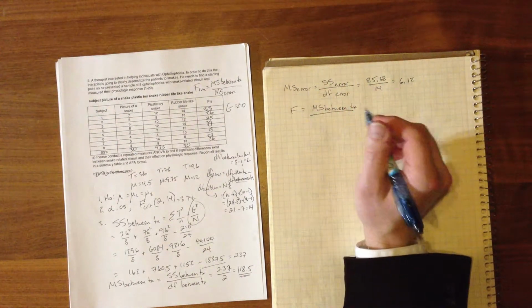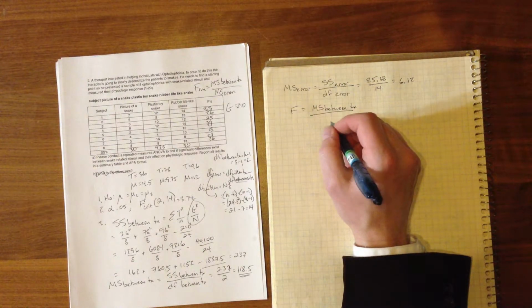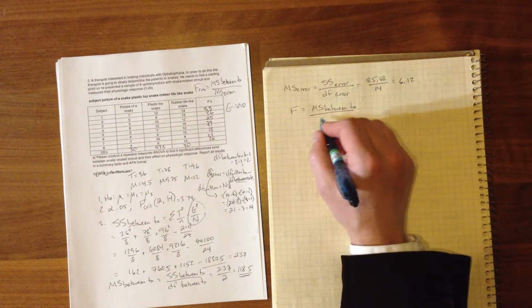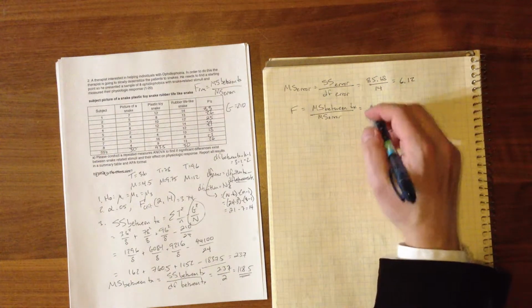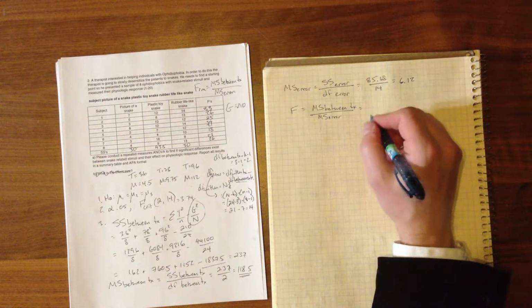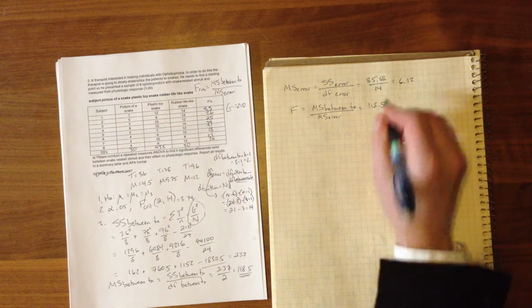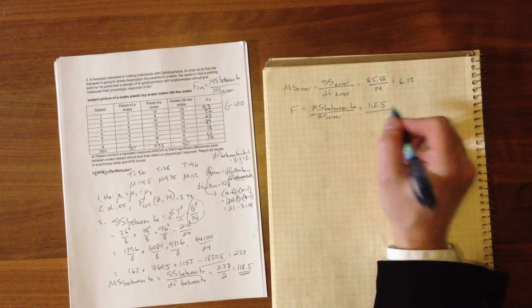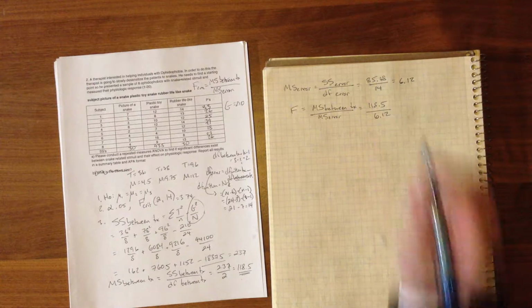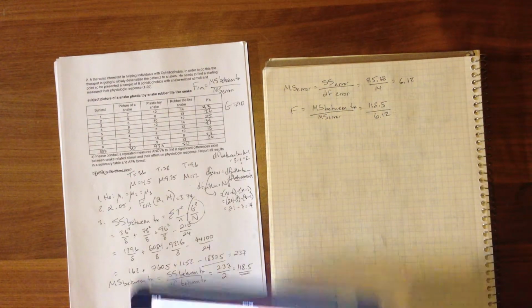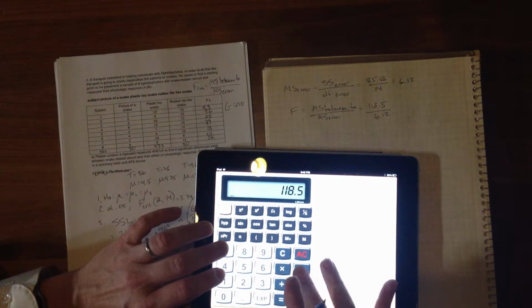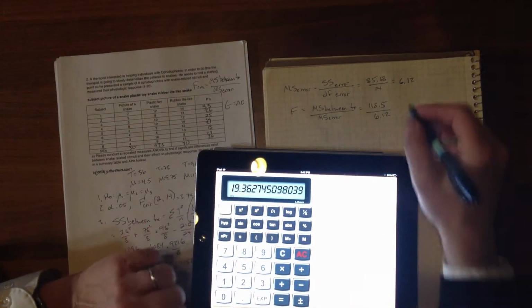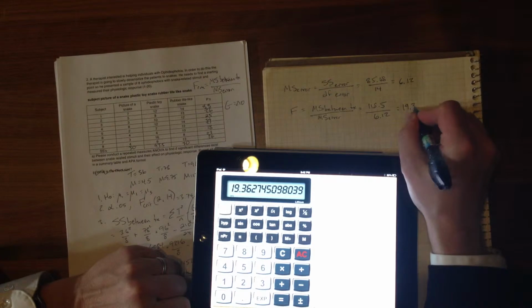divided by MS error. MS between from the other page was 118.5, right here. Divide that by our MS error, 6.12. 118.5 divided by 6.12 is 19.36.